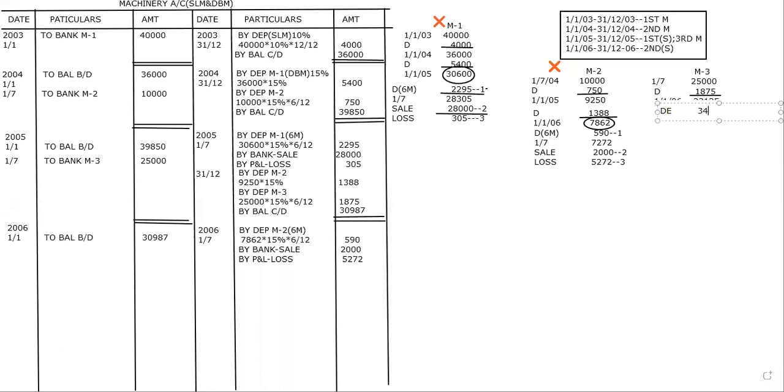Yes, 3,469. Minus 3,469, you will get the answer, 1st January 2007, it will be 19,656. So let's put this in the account books.